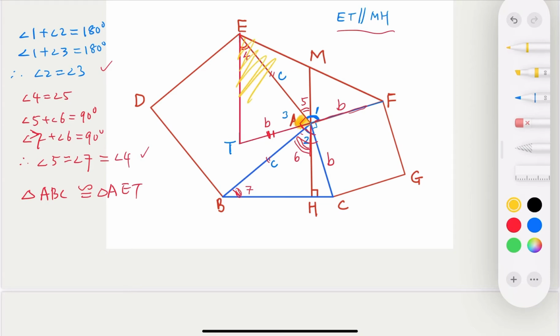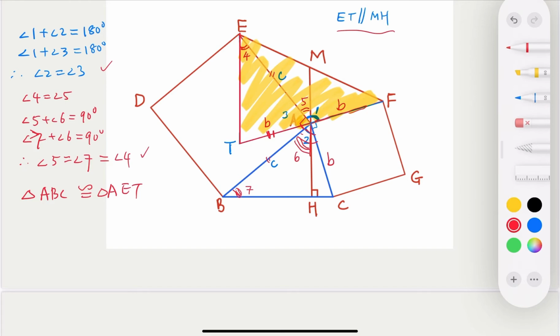Oh, sorry, let's erase it. Okay, let's look at this big triangle here. I have this B equal to each other.